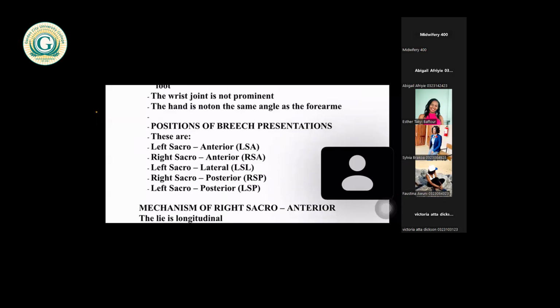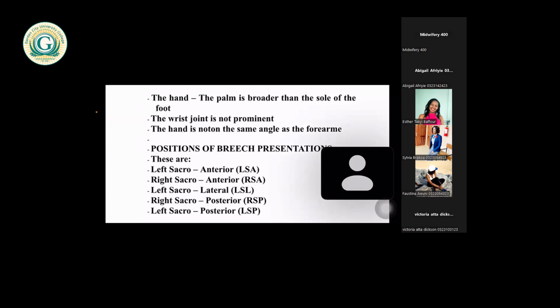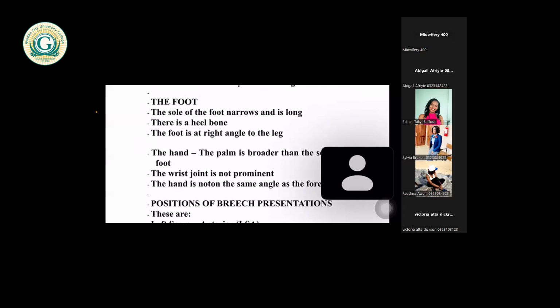Okay, so let's go to the positions of the breech presentation. With the positions, we have the left sacral anterior. We have the right sacral anterior. So please, when we say the left sacral anterior, what does it mean?